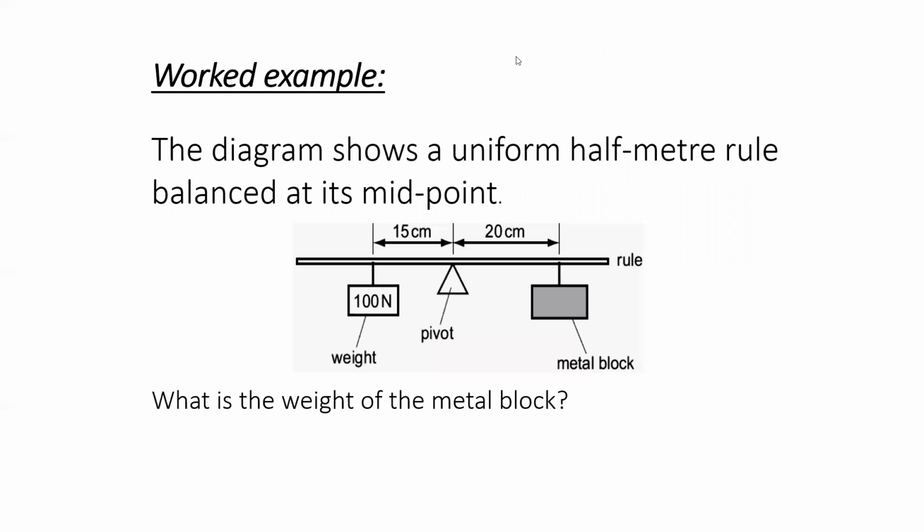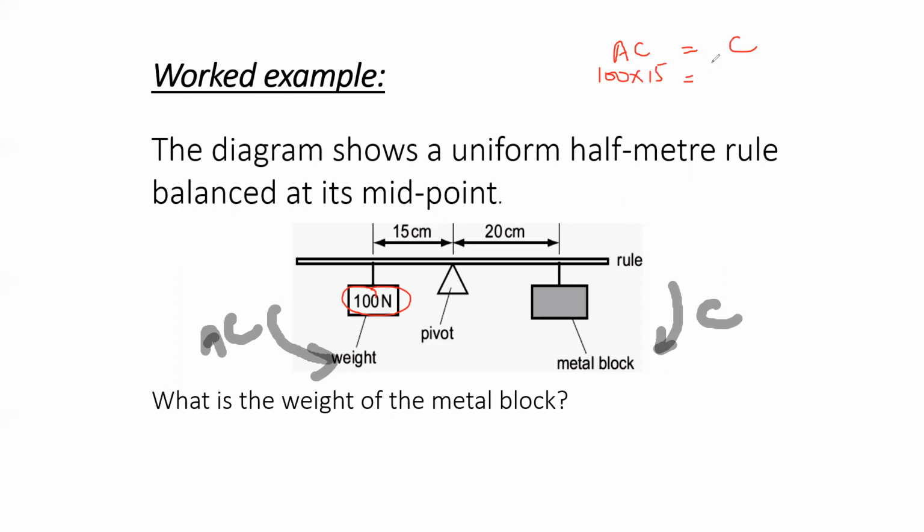Because the beam is balanced, it is in equilibrium. This is producing anti-clockwise rotation. The metal block is producing clockwise rotation. As the beam is balanced, the anti-clockwise moment will be equal to the clockwise moment. For the anti-clockwise moment, the force is 100 and the distance from the pivot is 15.